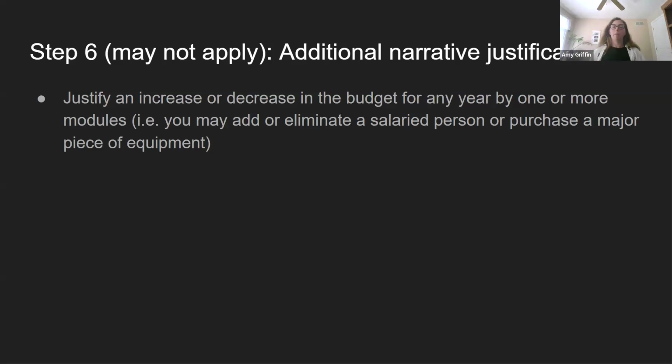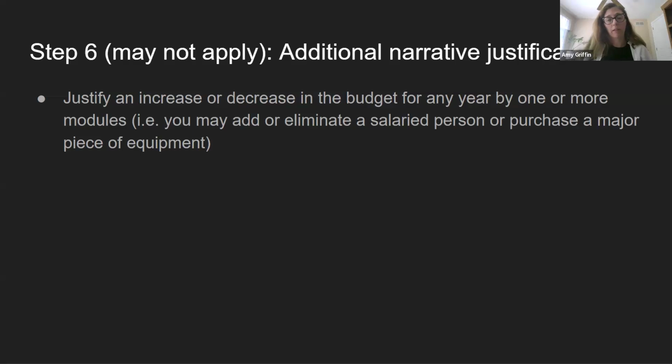All right, the last step that you may or may not need is the additional narrative justification. You will need to justify any increase or decrease in the budget for any year by one or more modules. You may add or eliminate a salaried person, for example, or purchase a major piece of equipment. It just has to make sense to the reviewers who are reading the grant why you would have different modules, different amounts in your budget from year to year.